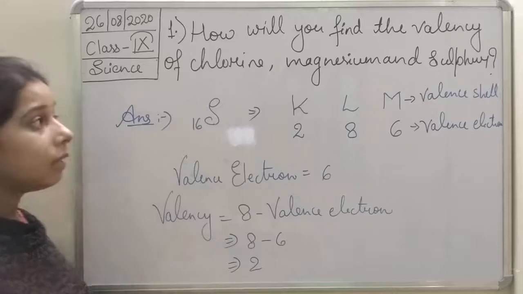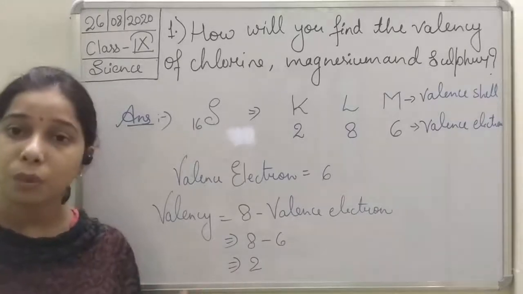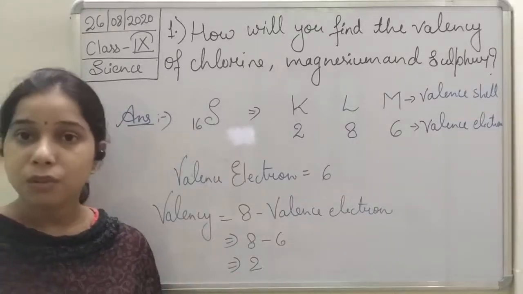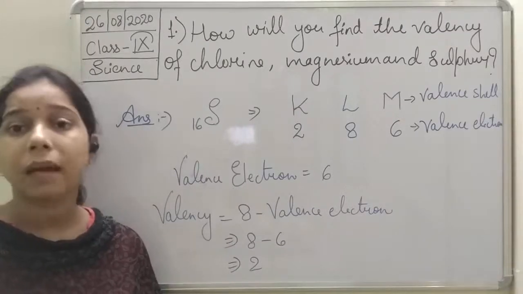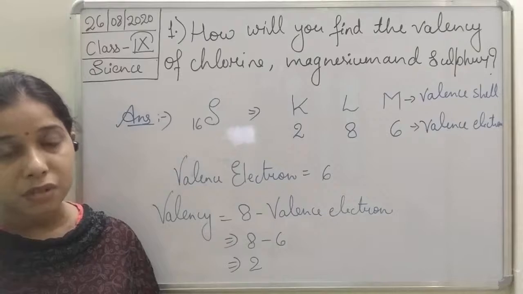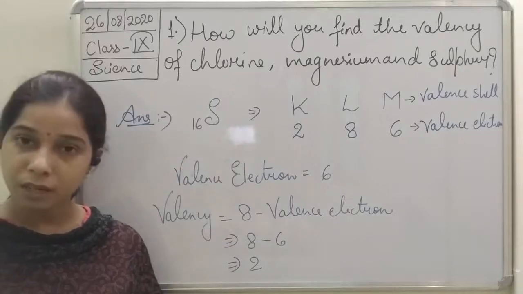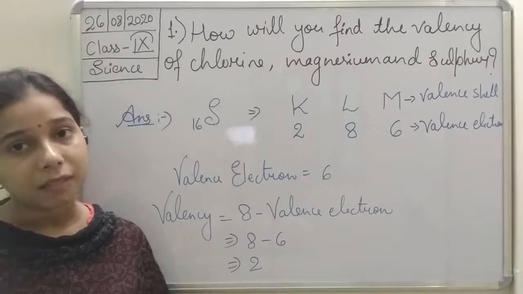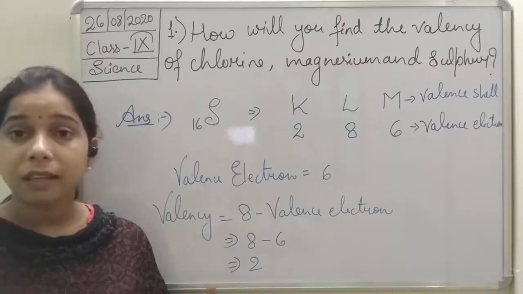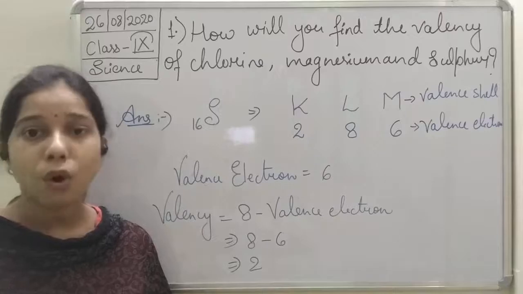Okay. So by this, students, I hope you have understood how to find the valency. At first you will find the valence electron. How will you find the valence electron? By the help of the electronic configuration. When you are able to do the electronic configuration, then you will find the valence electron. When you find the valence electron, you will see whether it is less than 4 or more than 4.